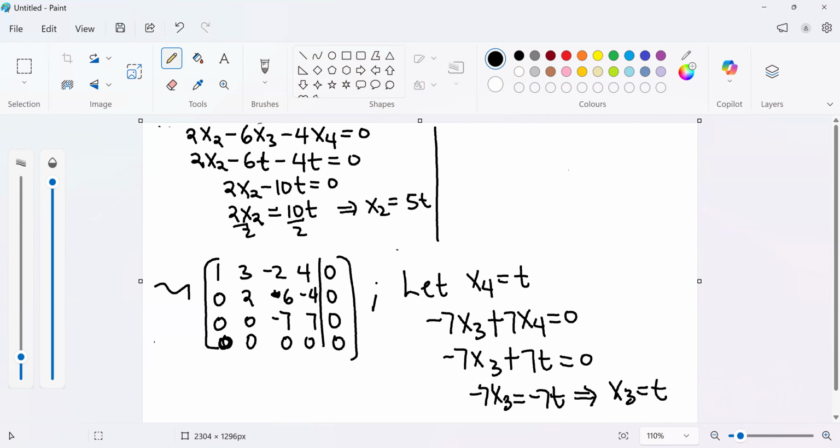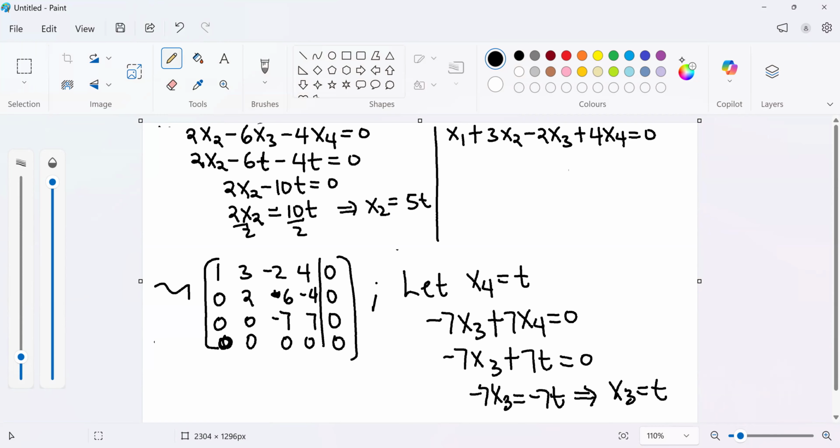The first column has x1 plus 3, x2 minus 2x3 plus 4, x4 equals 0.